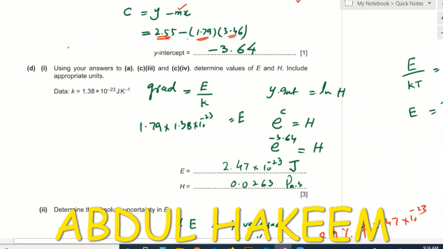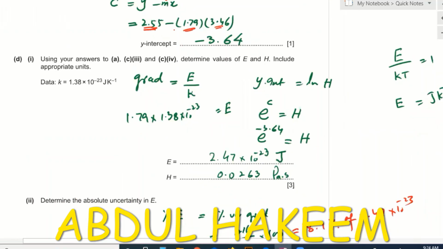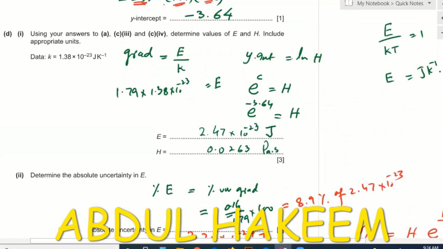Using your answers A, C3, and C1, determine E and H, and include the appropriate units. Look, the gradient is equal to E divided by K, and the y-intercept is ln H. K is the Boltzmann constant, given. Include the units.